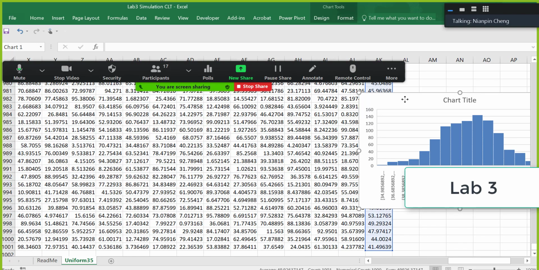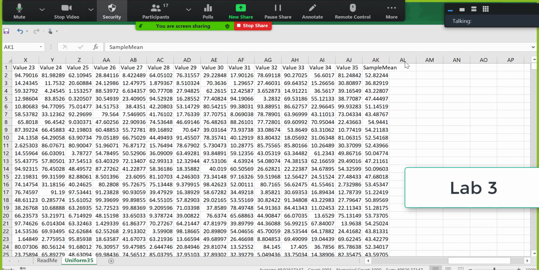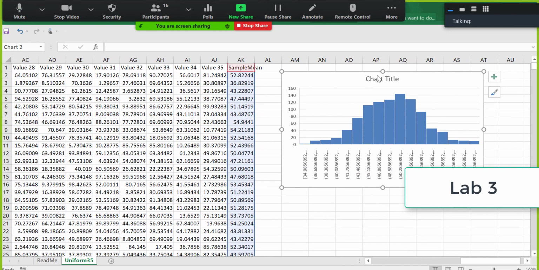Just copy and paste it to a higher place.